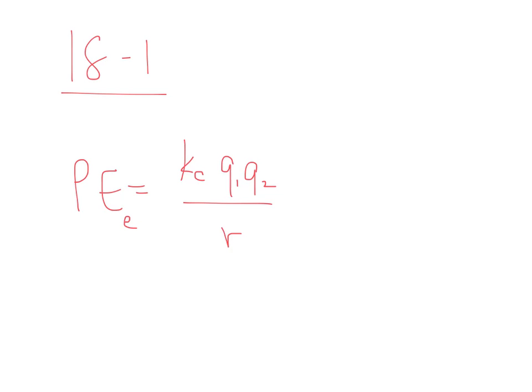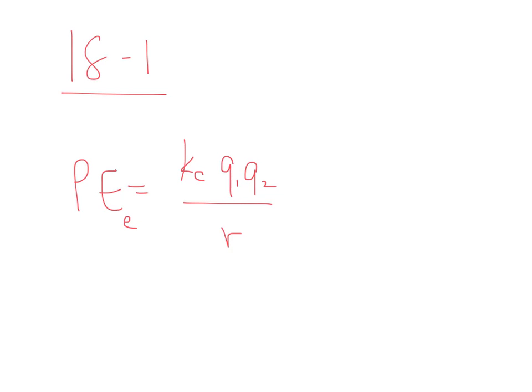Now, back to the question itself. This is the electric potential energy associated with a particle that's at a given distance from a source. So if you want to call Q1 the source or Q2 the source, it doesn't matter. One of those two is the source, and the other one is the particle.